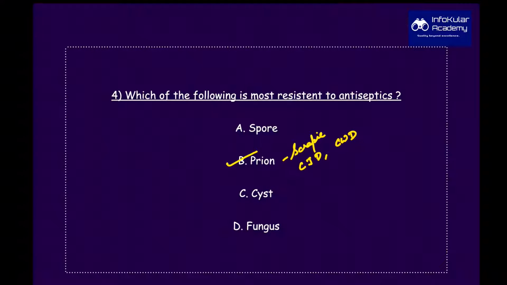Less resistant criteria are gram-positive bacteria and enveloped viruses. So these 2 categories are actually more prone to antiseptics. So our answer here is prion.